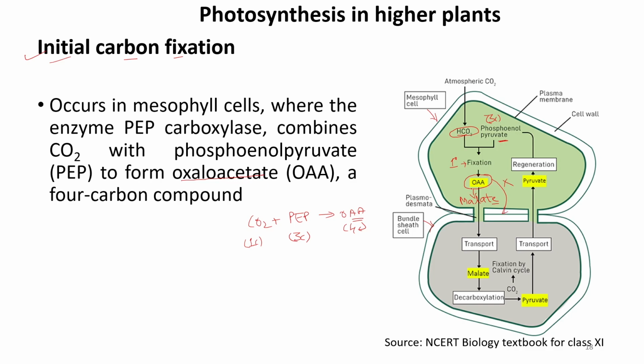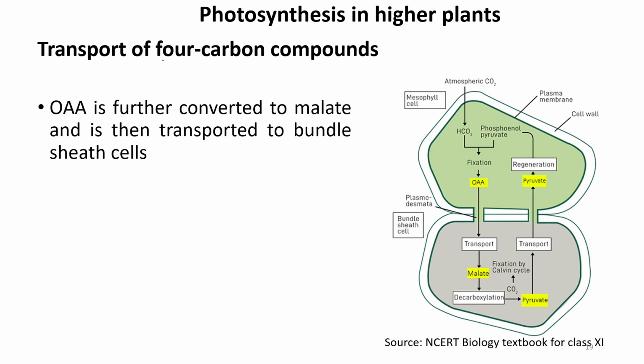It cannot enter. First it is converted into malate, and then malate is transported into the bundle sheath cells. So this is the second step, transport of a 4-carbon compound. Here I have written oxaloacetate is further converted into malate and then transported to bundle sheath cells.